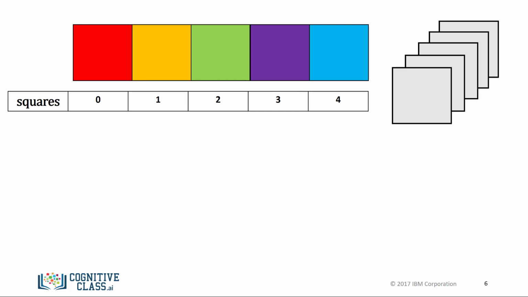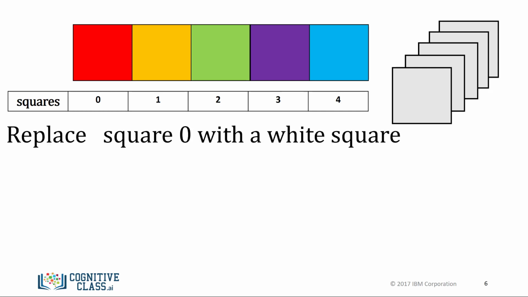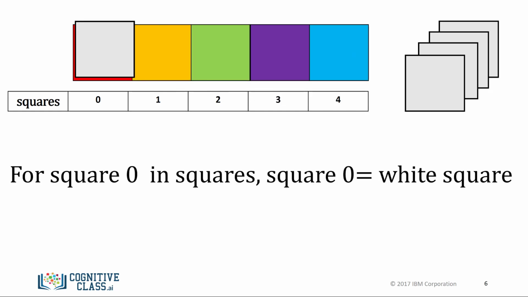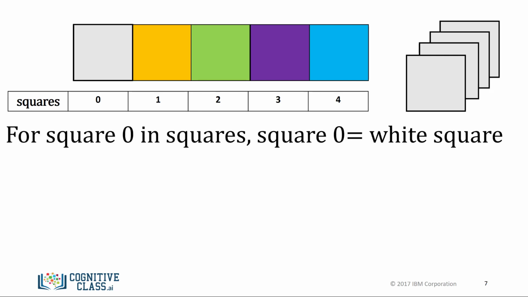Let's give each square a number to make things a little easier, and refer to the group of squares as squares. If we wanted to tell someone to replace square 0 with a white square, we would say: replace square 0 with a white square. Or we can say: for square 0 in squares, square 0 equals white square.